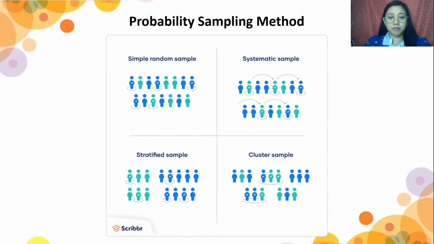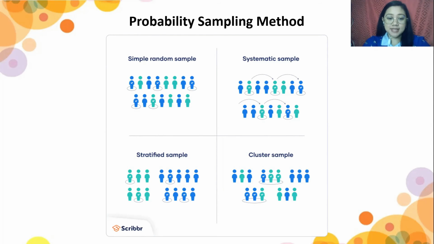You want to select a simple random sample of 50 senior high school students of Maganda Senior High School. You assign a number to every student from 1 to 1,000 and use a random number generator to select 50 numbers. It can be a lottery or a fishbowl form, as long as everyone has the chance of being selected.